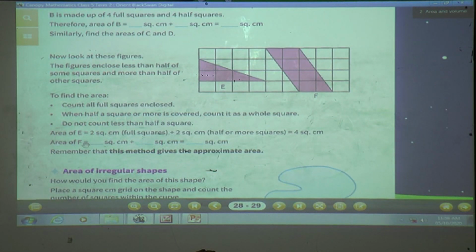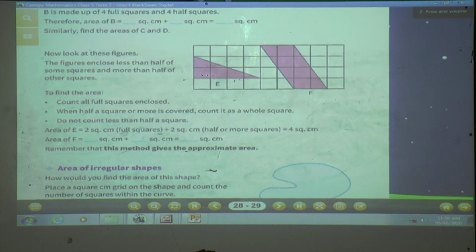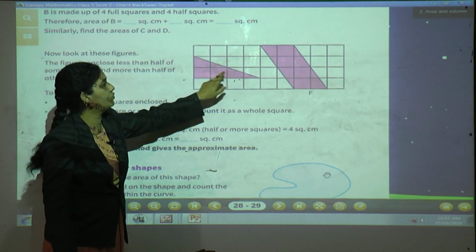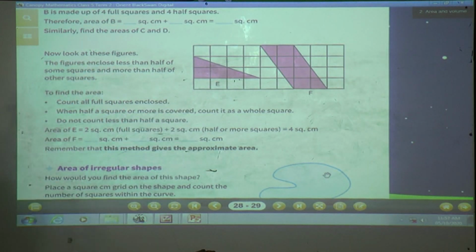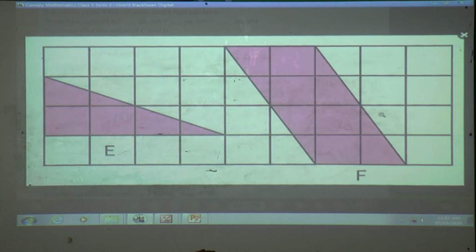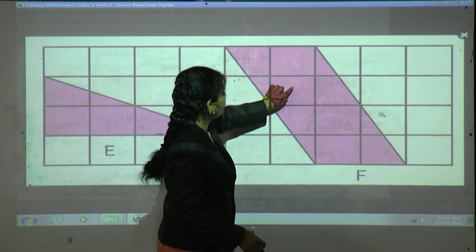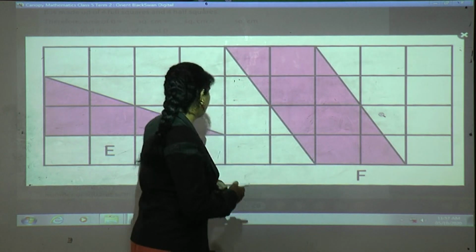Here, the area of E: 2 full squares and 2 half squares. Here are the 2 full squares and 2 half squares. So the area is 4 square centimeter. Now for F, the area of F is equal to, how many full squares are here? 1, 2, 3, 4.